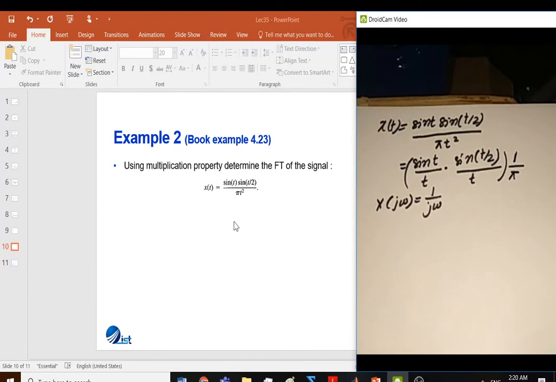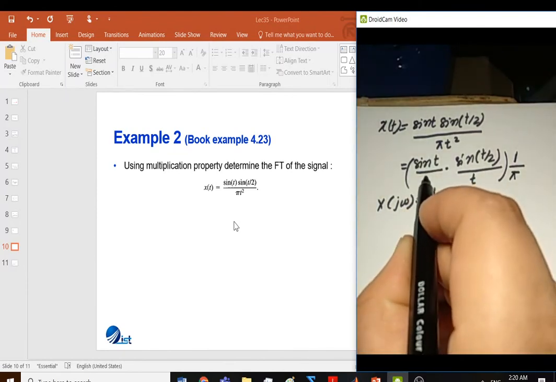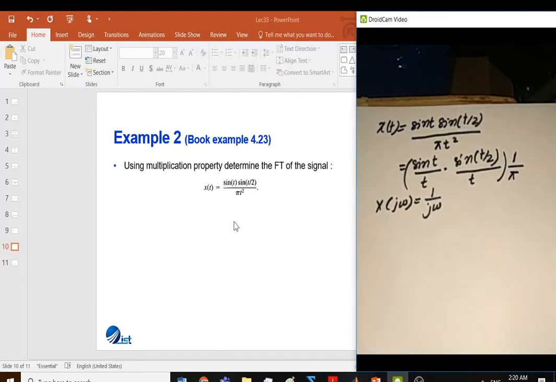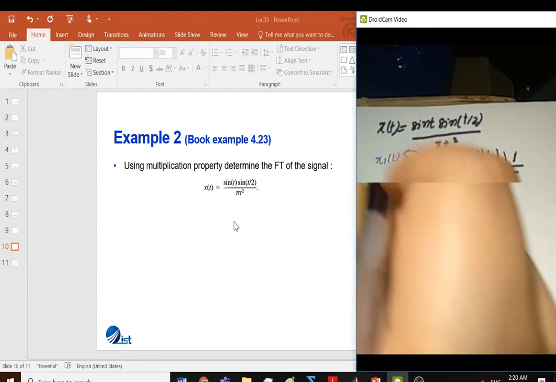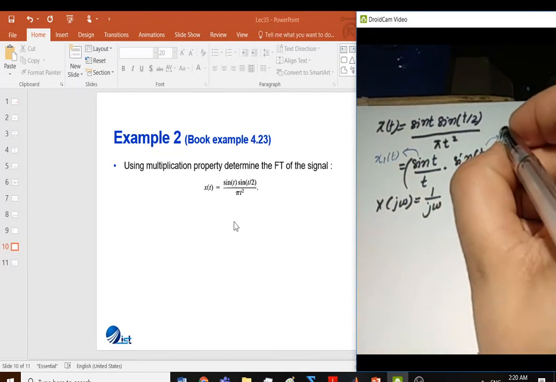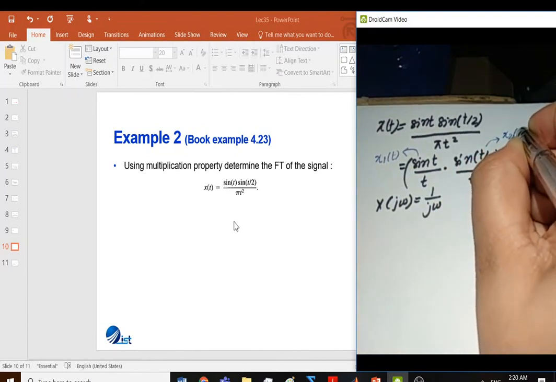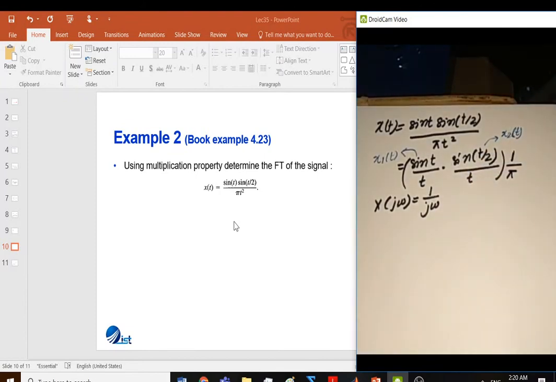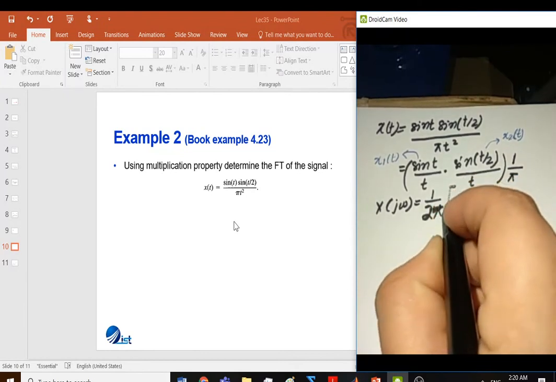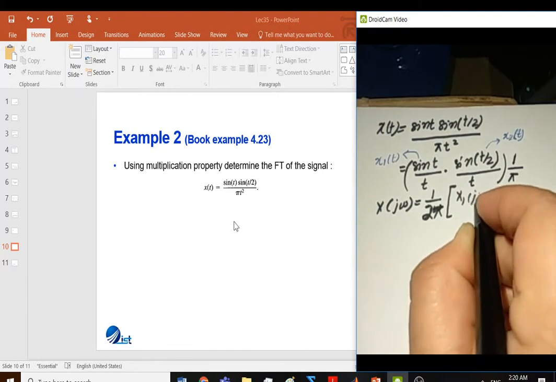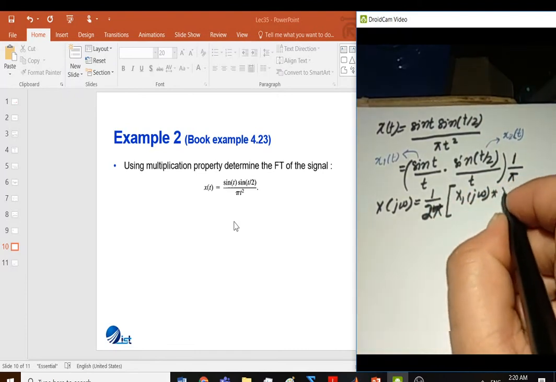So let's name the first function x1 of t and the second function x2 of t. In the frequency domain, x of j omega is equal to 1 by 2 pi, this is the formula, x1 of j omega convolved with x2 of j omega.